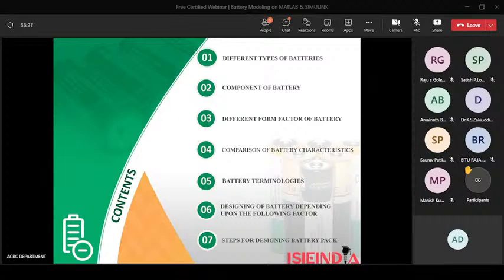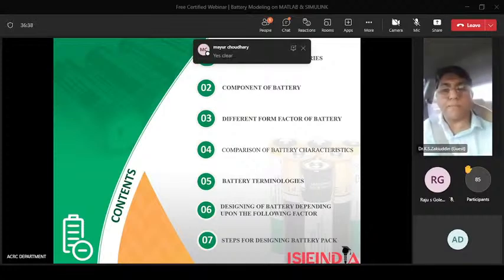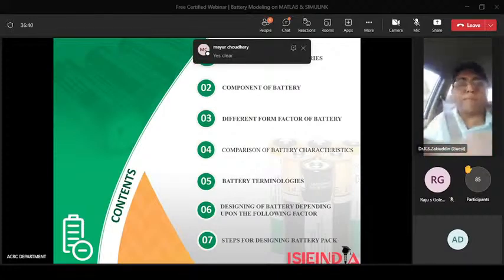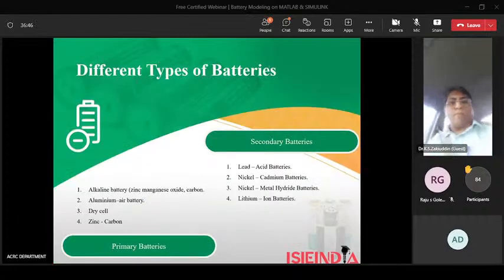Then we'll be talking about the designing, upon which factors the designing of the battery depends. Then I will be talking about the different steps upon which the battery pack is being designed. So the first one is the different types of battery.